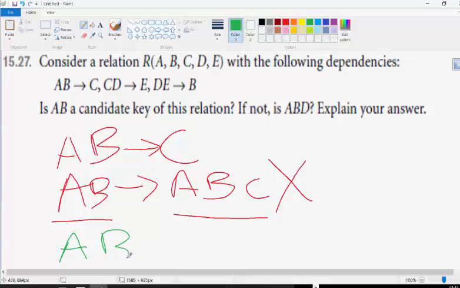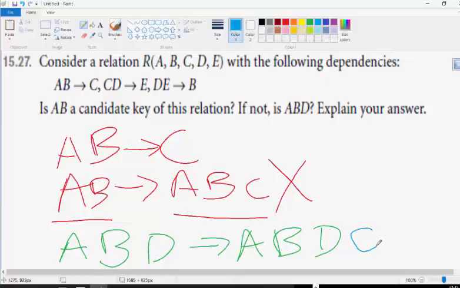The next one is A, B, and D. Now, according to this here, ABD will give me ABD. But AB can help me and give me also C. So C can join because of this one. Right. AB can get me C. And then CD can get me E. But I have everything anyway.